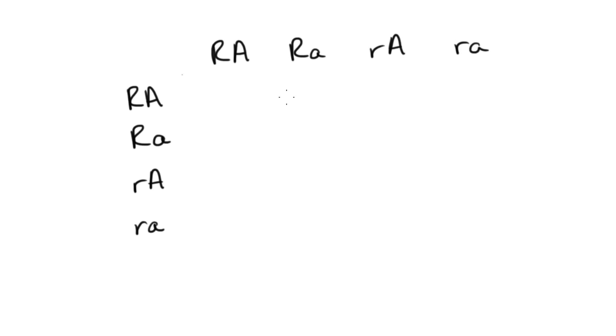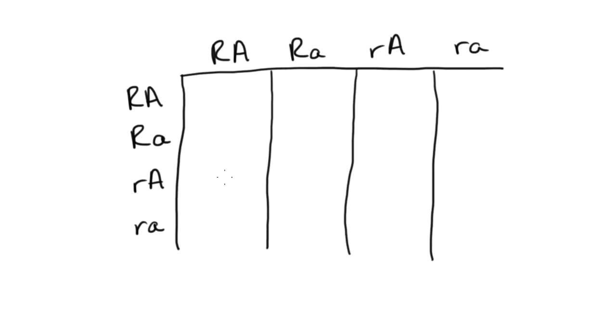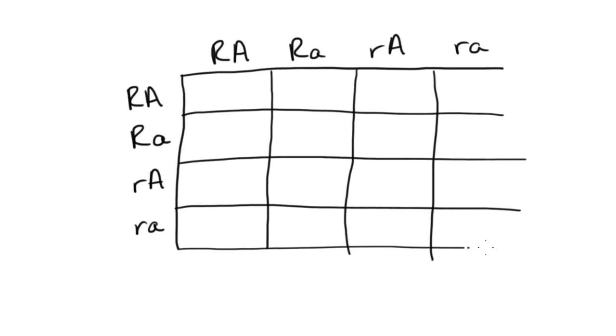Then we're going to divide this off into a Punnett square, but this time it's going to be much, much larger, because we're going to have a 4x4. So we've got more boxes, and I'm going to divide it off like this so that you can see all the different boxes that we have. Now, once we've got this drawn, we can start filling in those boxes.